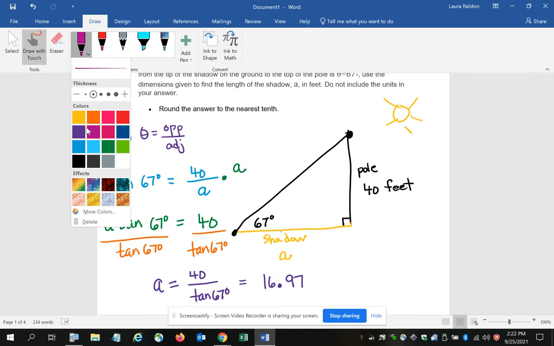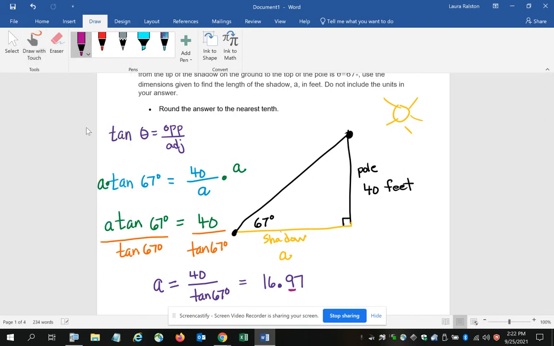So if I want 1 decimal place, I have a 7 next door. The 7 is going to bump the 9, but the 9 then is going to bump the 6. So this ultimately rounds to the nearest tenth as 17. Now it doesn't want you to include the units, but that's 17 feet. So what we have determined is that the length of this shadow is 17 feet. And that would be our answer.